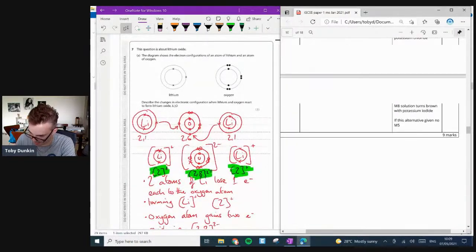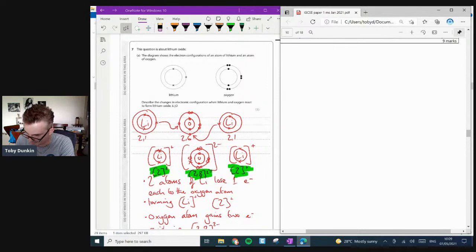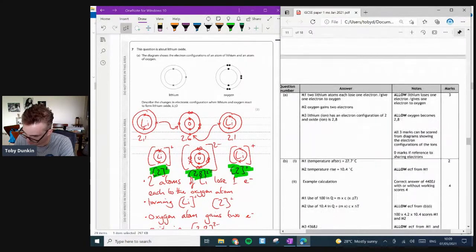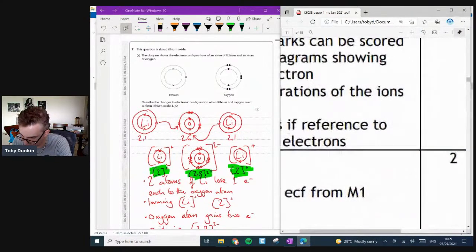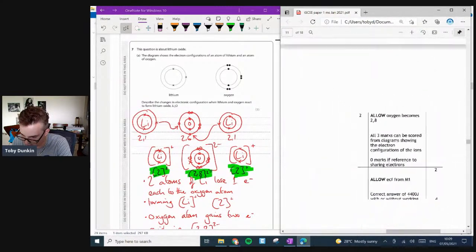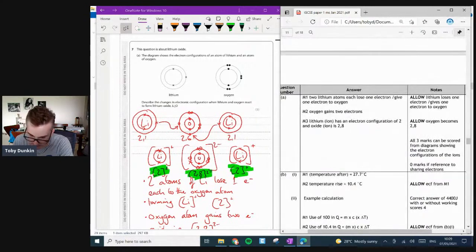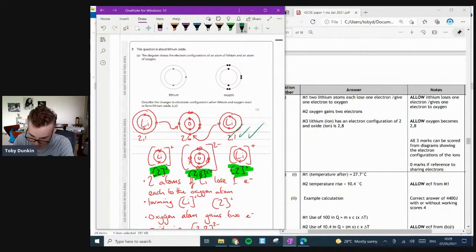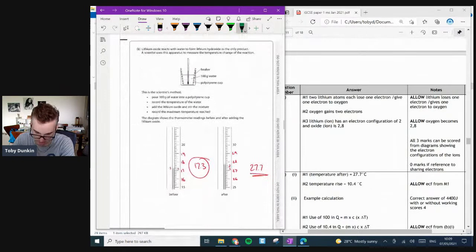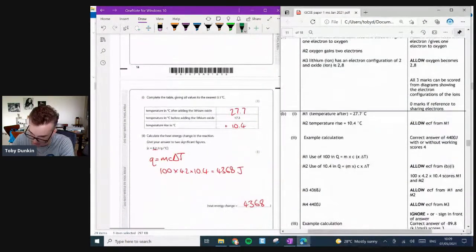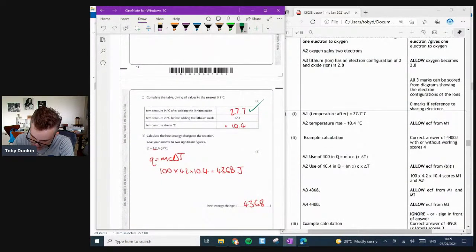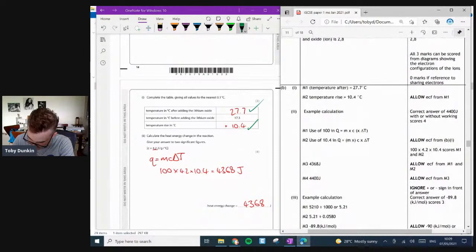This is the one where I said you can get all the marks for the diagram. You can in bonding. All 3 marks can be scored from diagrams showing the electronic configurations of the ions. Nailed it! Boom, boom, boom. Take it. Not even bothering with the rest. 27.7, 10.4.